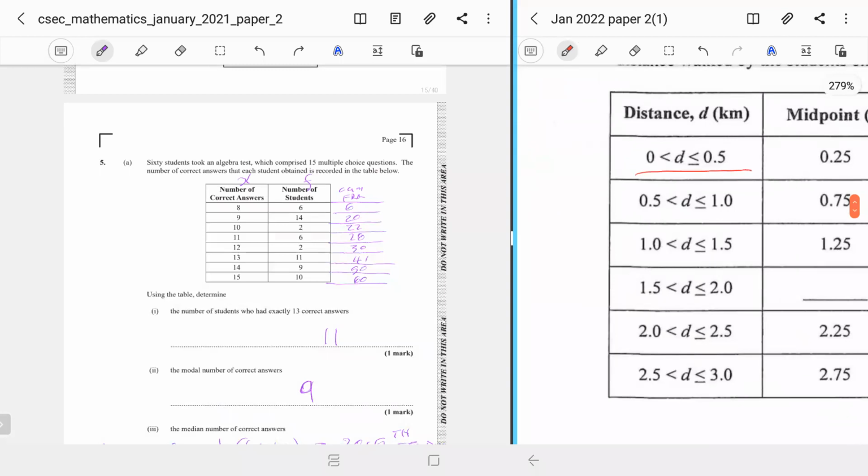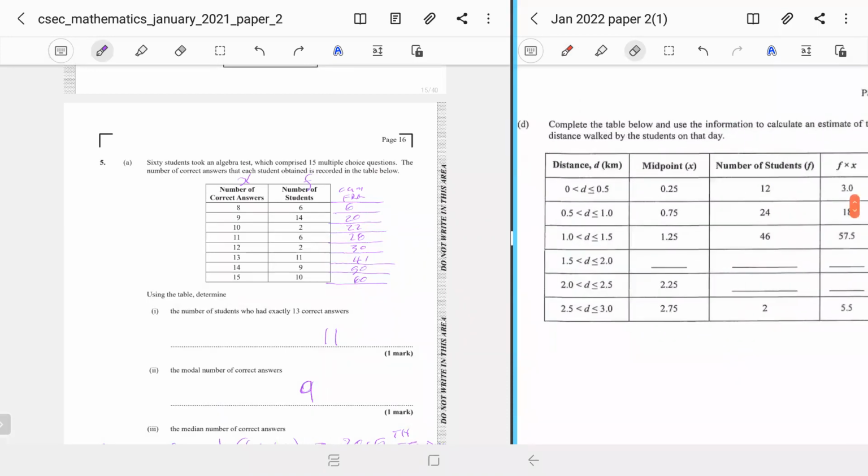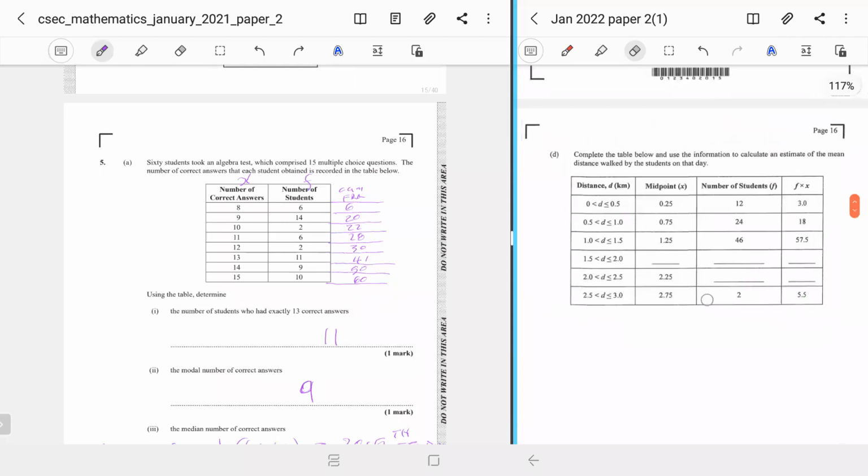From 0 to 0.5, from 0.5. So these are the boundary values. They start to give you boundary values now, instead of giving you limit values. That's it. We'll get to this question eventually.